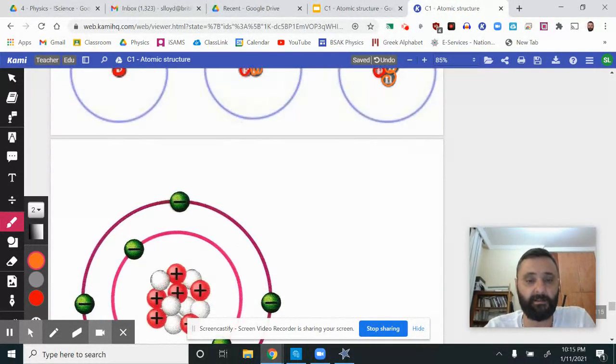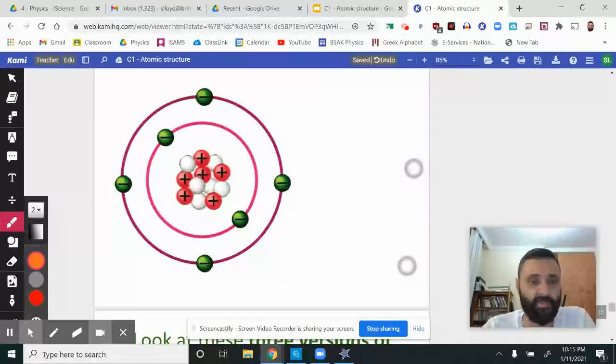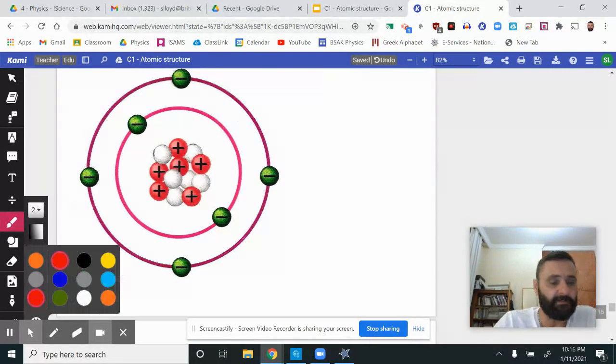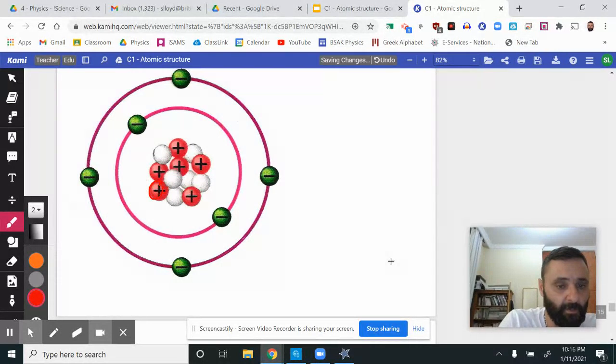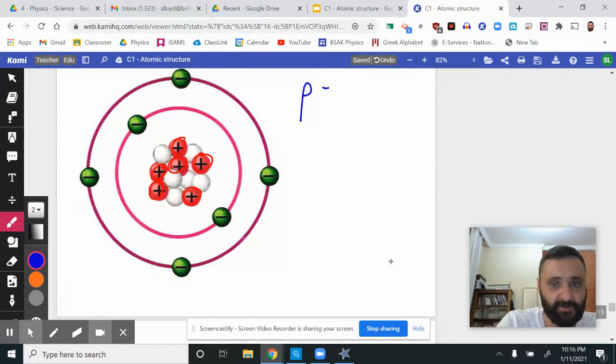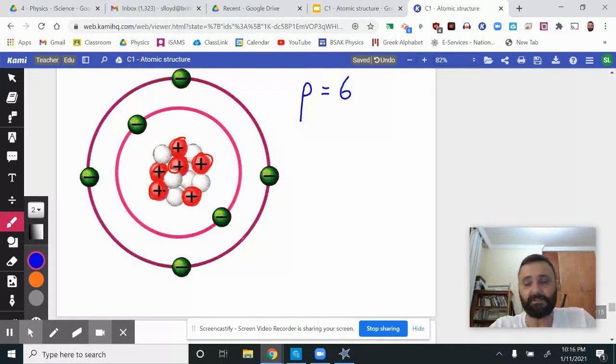Now, finally, who can remember what this was? We looked at this, I think, in video 2. If you want to know what element it is, how many protons has it got? 1, 2, 3, 4, 5, 6. It's got 6 protons. The only element that has an atomic number of 6 is carbon.